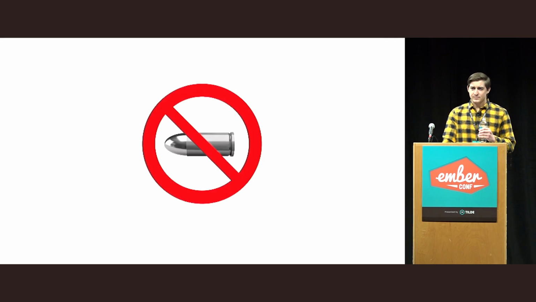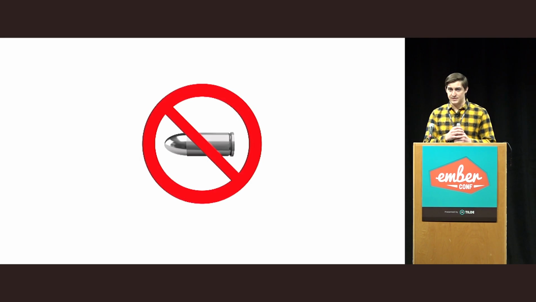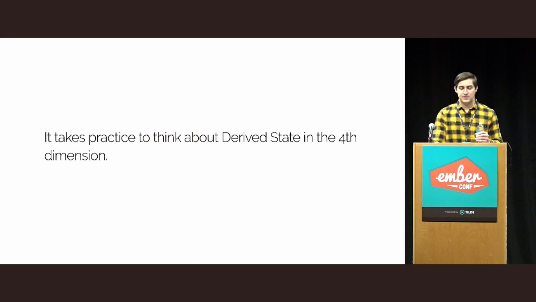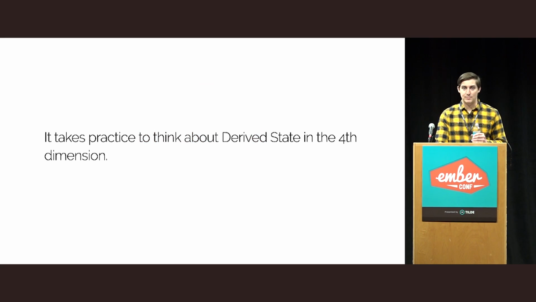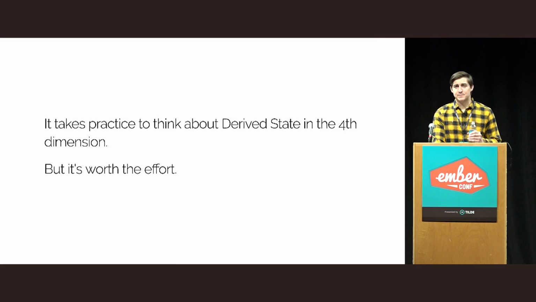So as much as there's never going to be a silver bullet, and Ember Concurrency definitely has its warts and its problems, it's definitely worth taking some time to think about these async problems using derived state. And I'm hoping I can get more people interested in it because I want Ember Concurrency to give you even more than there already is. It takes practice to think in this way, but I think it's worth the effort.